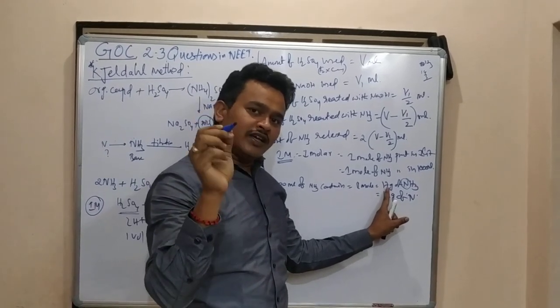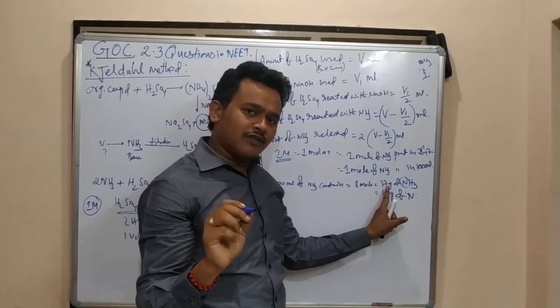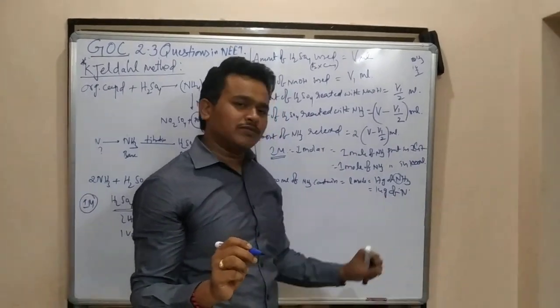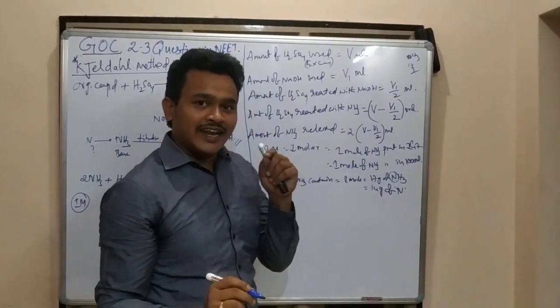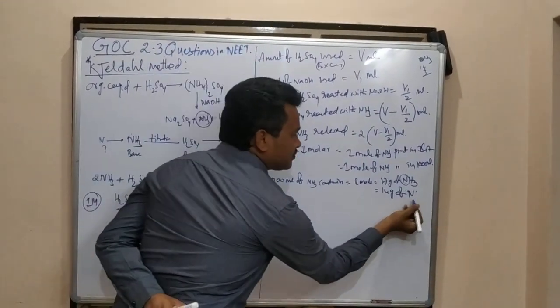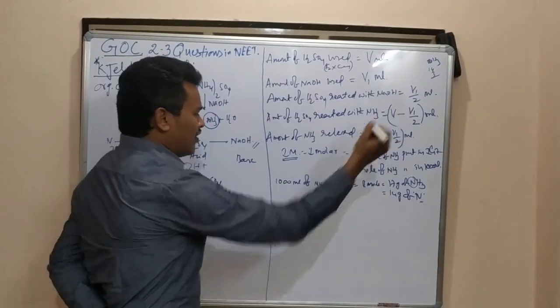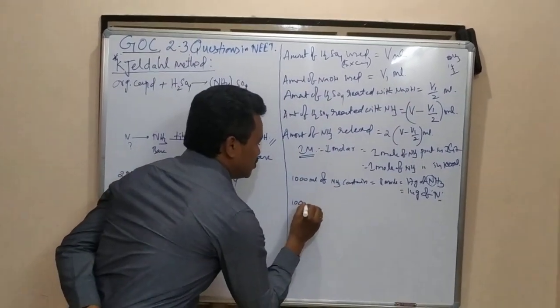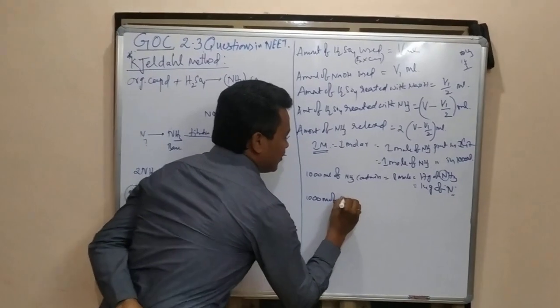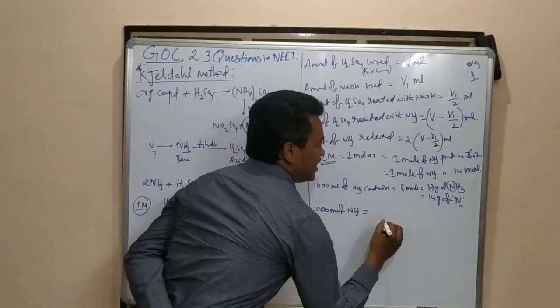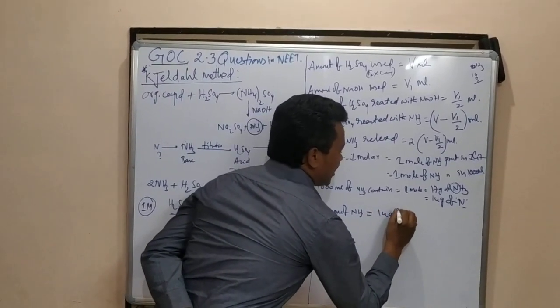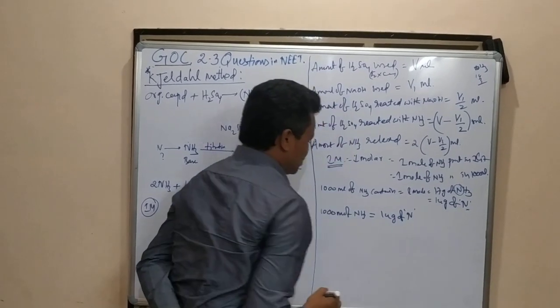In 17 grams of ammonia, how many grams of nitrogen? 14 grams of nitrogen. That's what I need here. So 1000 ml of NH3 contains 14 grams of nitrogen.